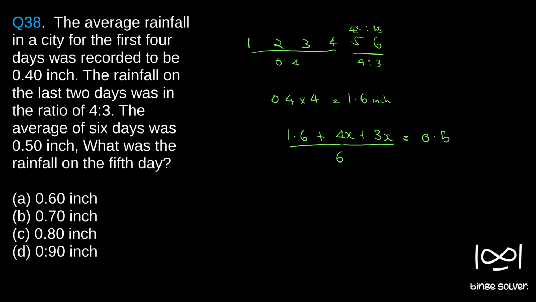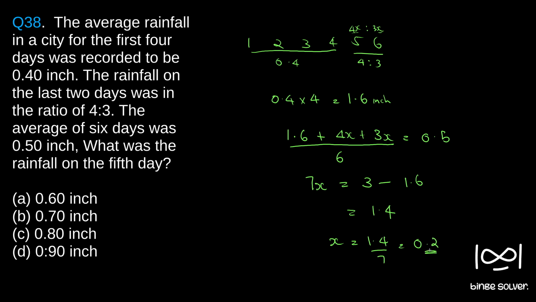So from this, 7x is equal to 6 into 0.5 minus 1.6. That is 3 minus 1.6, which is 1.4. And x is 1.4 by 7, that is 0.2.